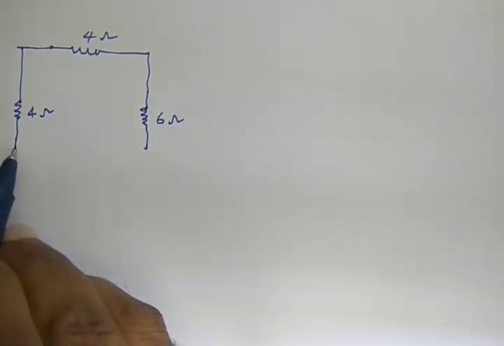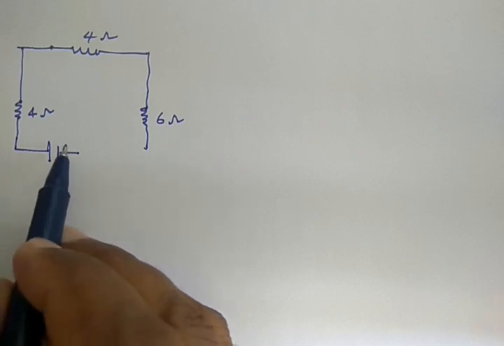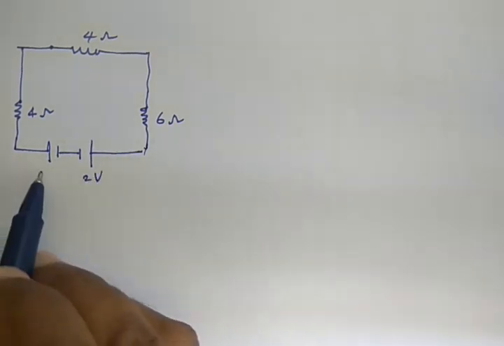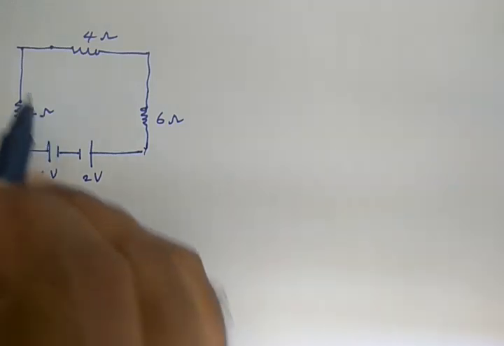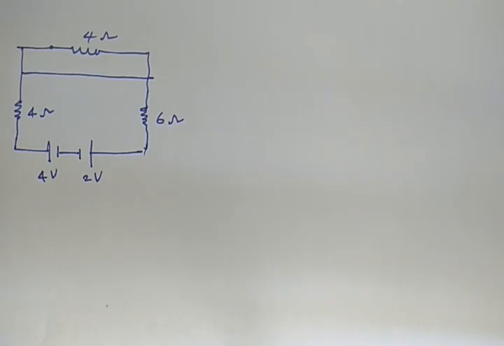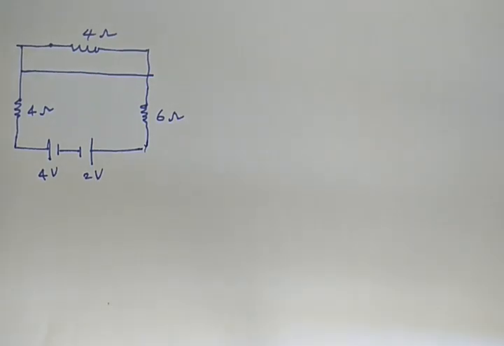Now I am connecting a battery here, 2 batteries I am connecting. EMF of this cell is 2 and EMF of that cell is 4 volt. Here also I am connecting these 2 points by a wire with negligible resistance. Now we need to find the current going through each resistor here.